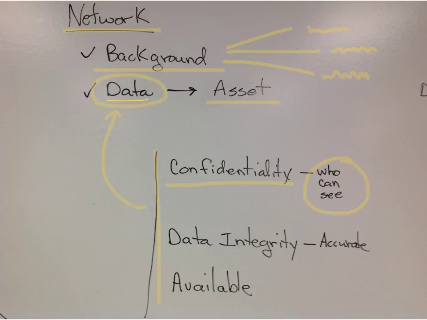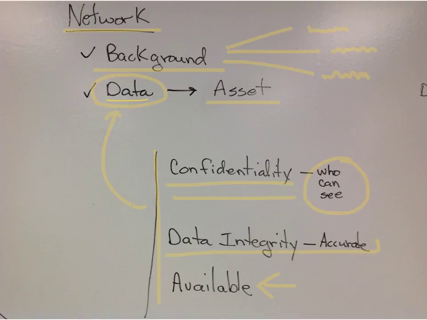Somebody working with you at the hospital, like a nurse, can't go home and say, oh, I just saw Mike at the hospital, he has cancer, what are we going to do? Okay. Confidentiality. Who can see what information? Now, some of us have to see the information to do our jobs.